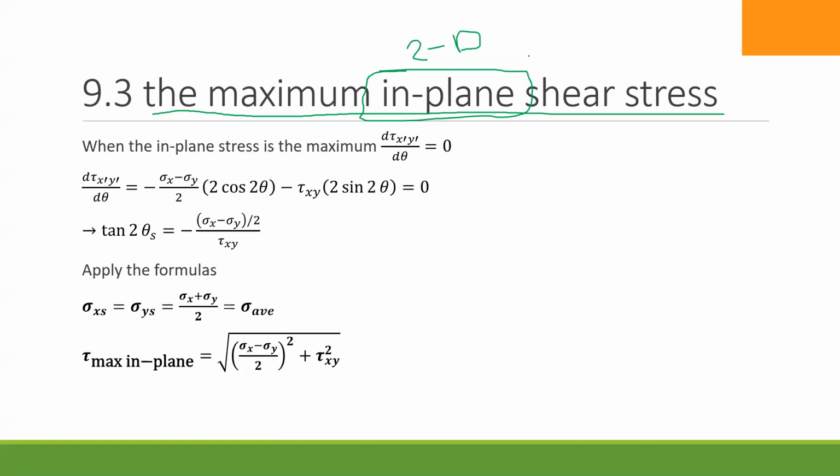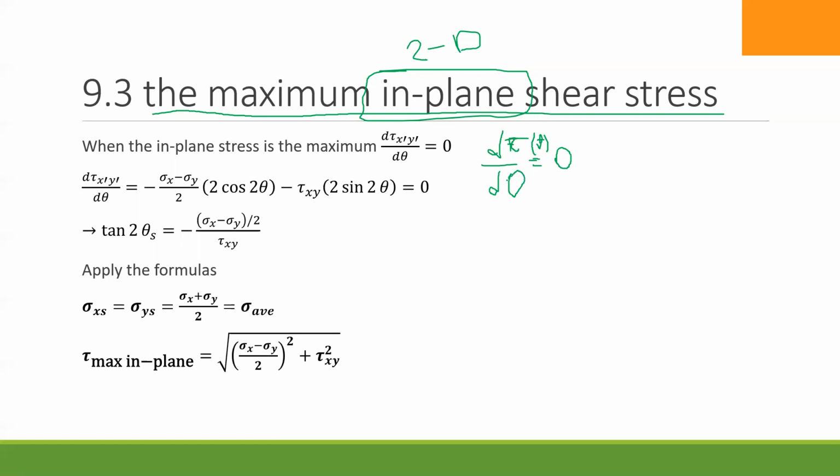Okay. So first of all, you remember from high school, the maximum means that the derivative of some function with respect to some parameter should be equal to 0. So in this case, we have tau because we are looking for the maximum shear stress, and this depends on theta, on the orientation.